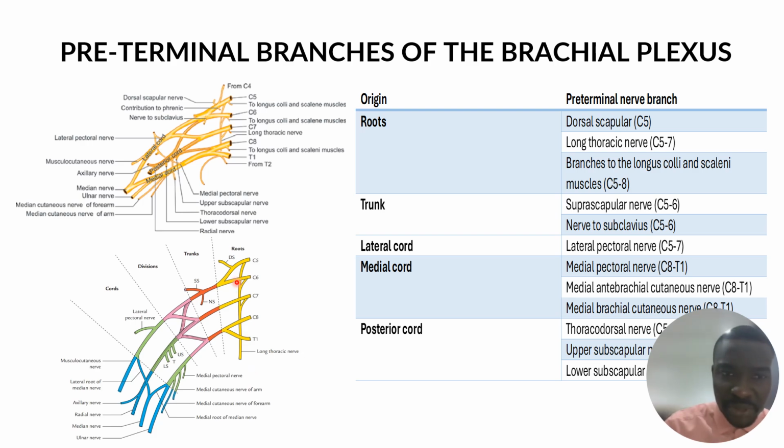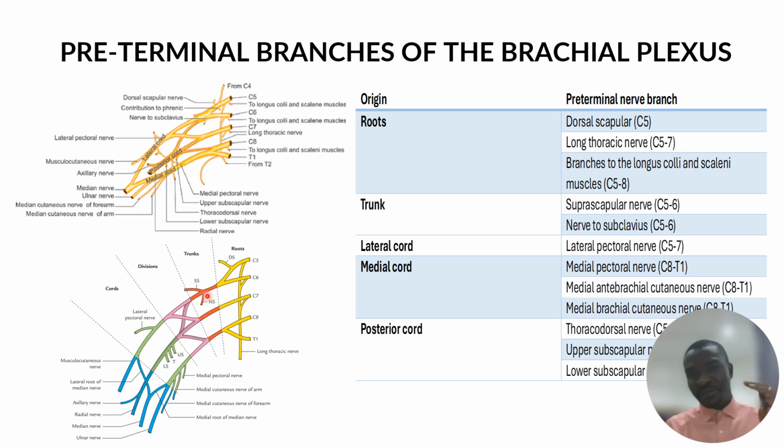Okay, you can also appreciate here that, as I said before, there is no branch coming up from the divisions, as you can see here. But right there before the divisions, you're going to appreciate the trunks, and you're going to appreciate the suprascapular nerve that you're going to find right at the suprascapular notch. That is a typical marker that you will use to note this particular nerve when you are doing dissection.